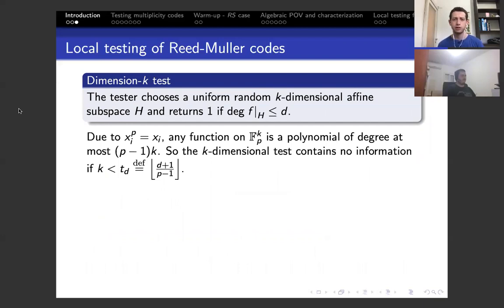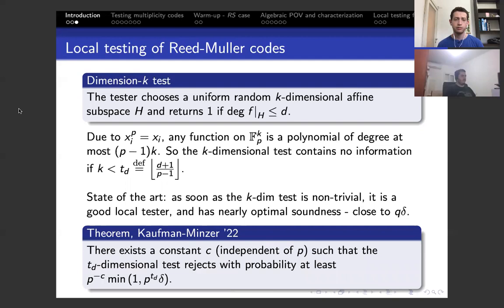Now, any function on k variables is equivalent to one of degree at most (p-1) times k. So the k-dimensional test is trivial if the degree is above this value, which is equivalent to saying that k is below some minimal dimension, which we call the Reed-Muller testing dimension, and is around d over (p-1).